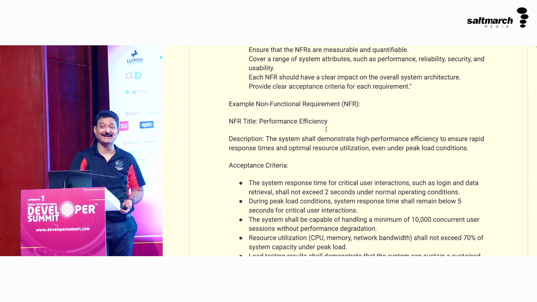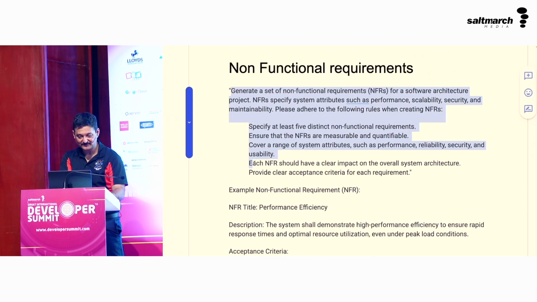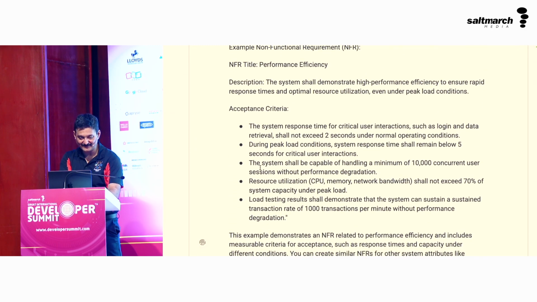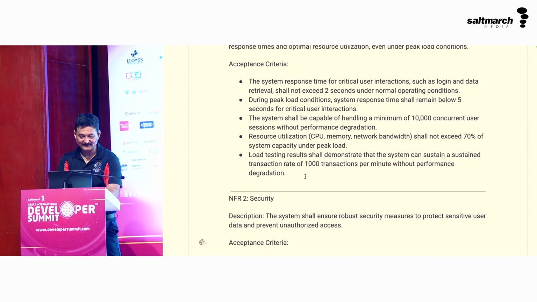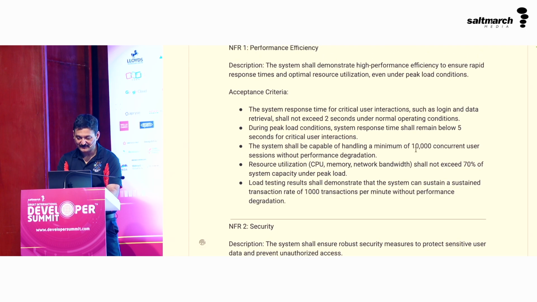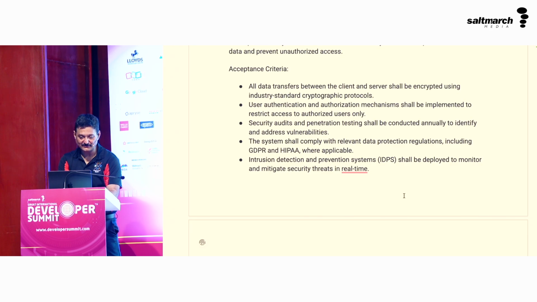Now, I will do the same thing here. I will take this out and generate non-functional requirements. This is an example, by the way. Based on this, I got back these results, which is 10,000 concurrent users per day. For security, these are the things I need to do.